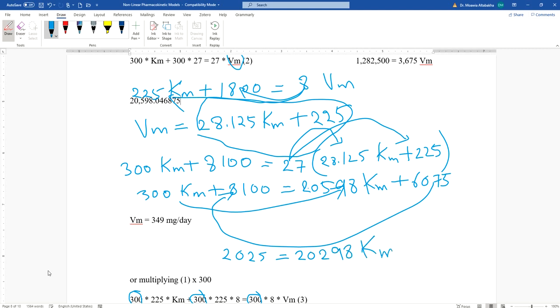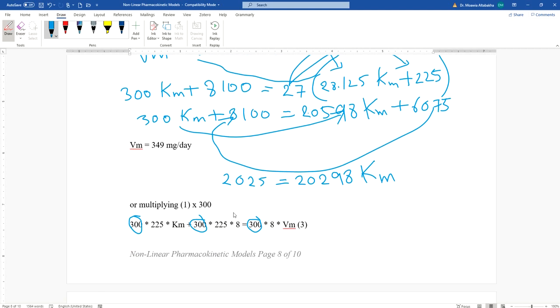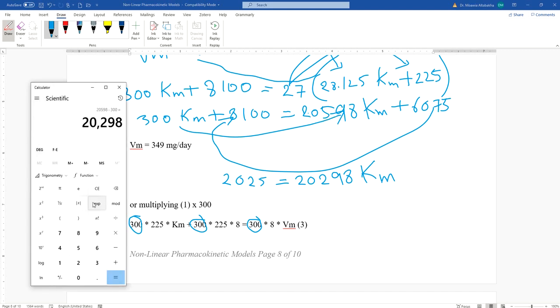So can I get Km? Yes, I can. So if I divide this one, maybe I have a mistake here. Yeah, this is not correct. Okay, I did a mistake. 27 multiplied by 28.125 equal.